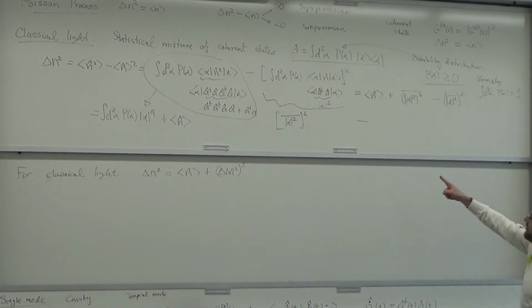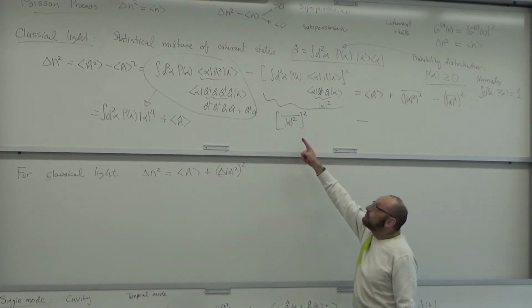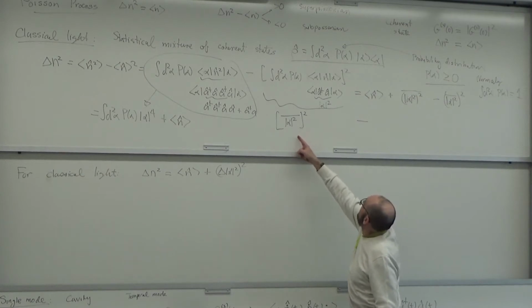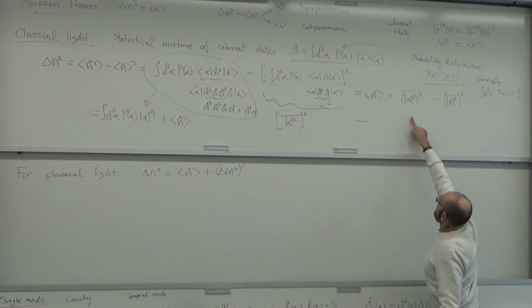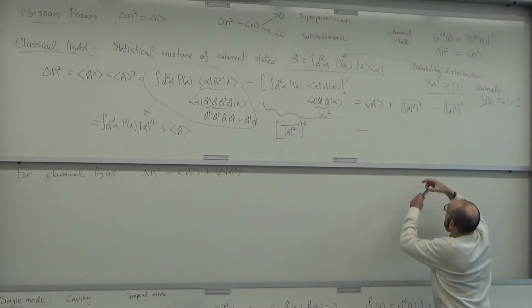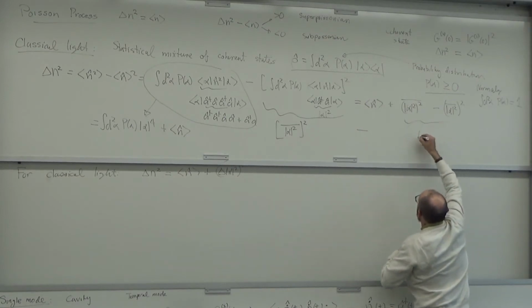That's what this is. The difference between that and that is what I'm calling the fluctuation in the intensity.